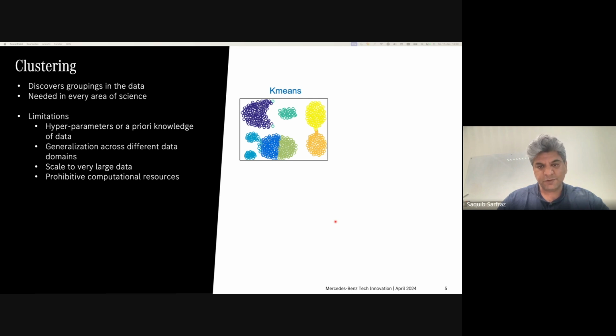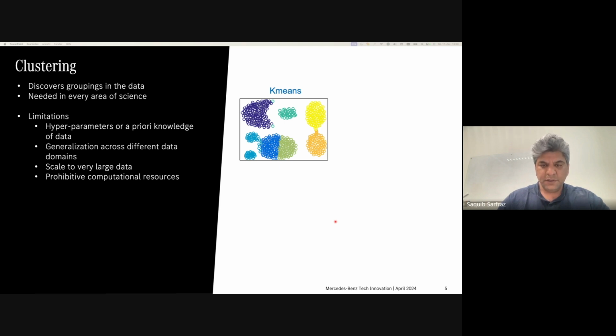So with this, I come to the main subject, the first part, which is clustering. What is clustering? We want to automatically discover some groupings in the data, right? And we do it in our everyday work with everyday data sets. Mostly what we use for this task are quite common, well-known clustering algorithms, but those algorithms also have some limitations.